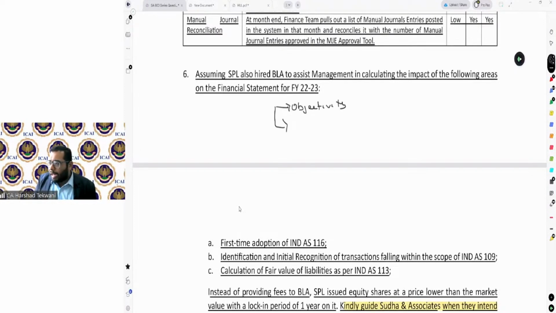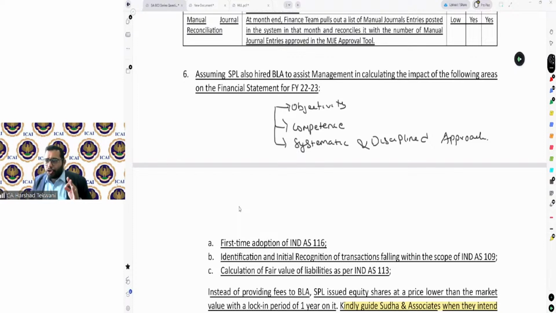Second, it will be competency. Third, it will be systematic and disciplined approach. If I can get surety of these three things, then only I'll go and plan to rely upon the work performed by internal auditor.